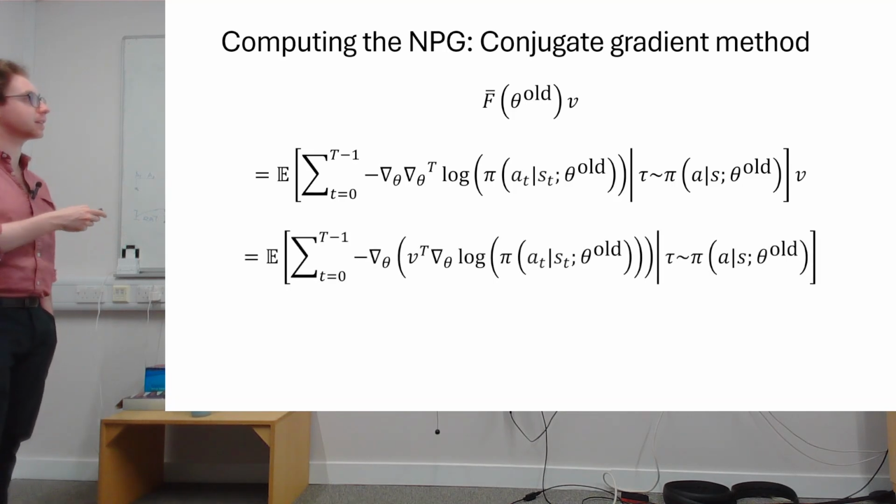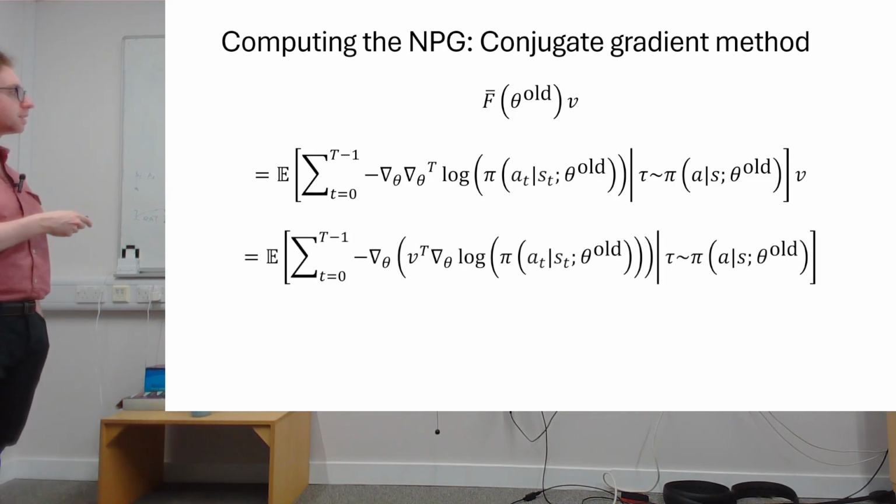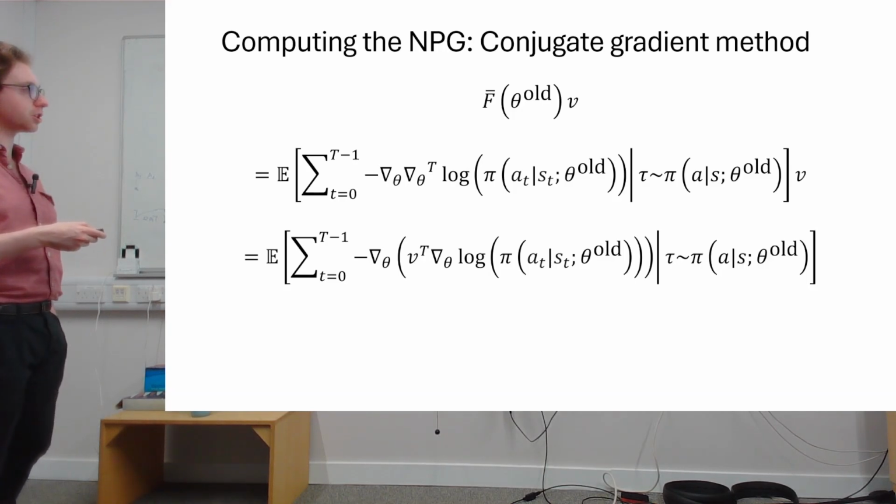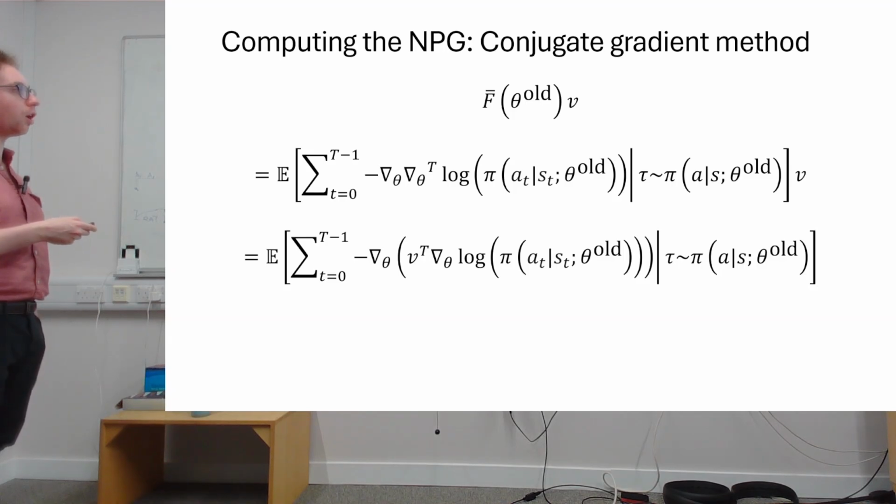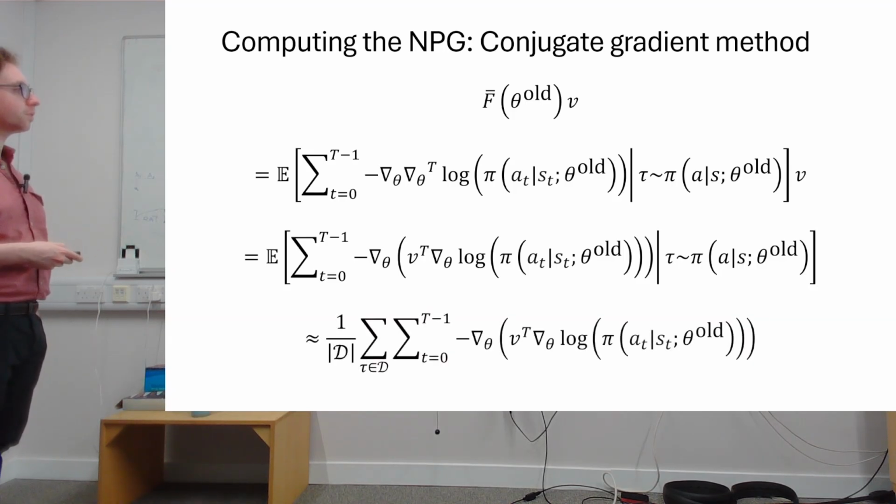So this expression is mathematically equivalent to this one, where I'm first computing v transpose grad theta, getting the alignment of the gradient with v of my log probabilities of actions given states, and then taking the gradient of that again. And again, I'm going to take an empirical estimate, replacing this expectation over trajectories drawn according to the old policy with an average over a data set of trajectories drawn according to the old policy.